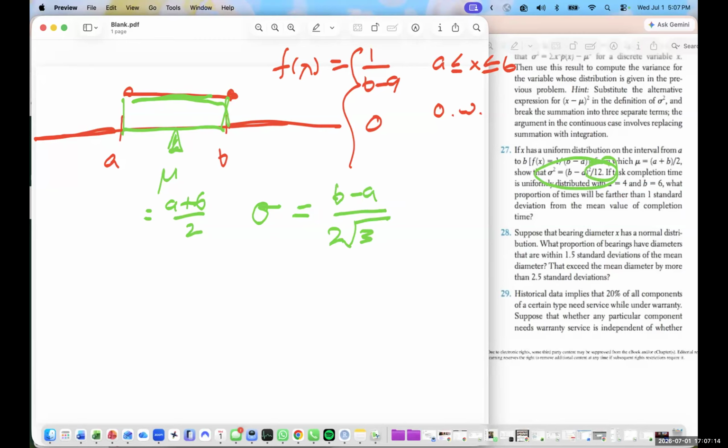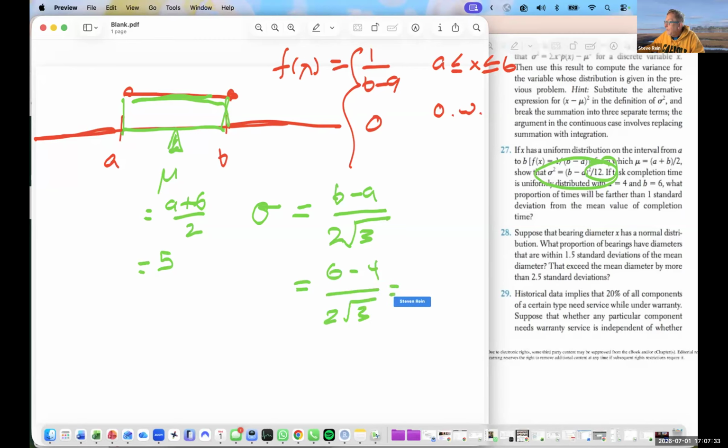That's my standard deviation. If I plug in A and B, which are 4 and 6, the average is 5, and the standard deviation is 6 minus 4 over 2 root 3, which is 1 over root 3. So that gives me a mean and a standard deviation.